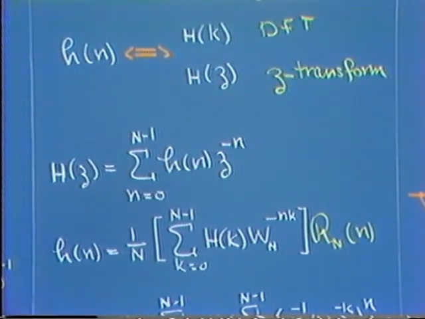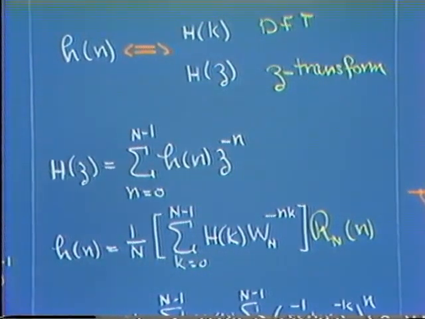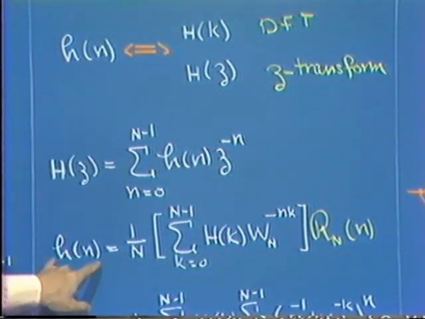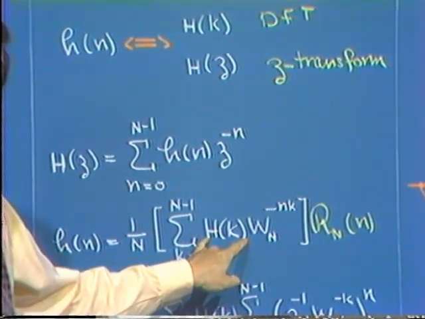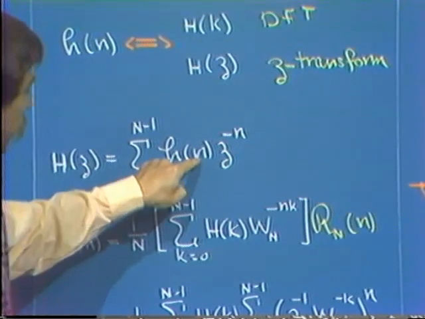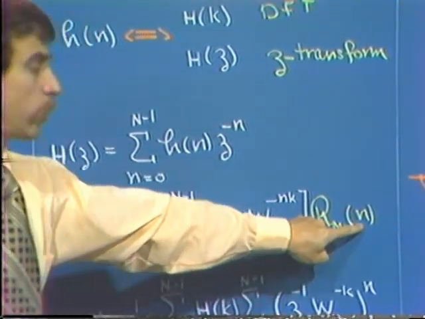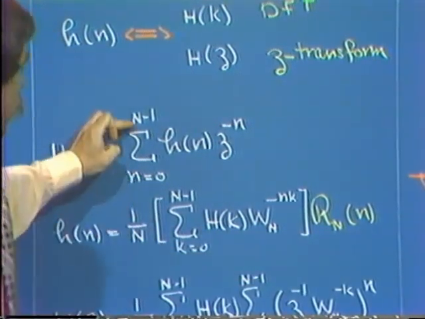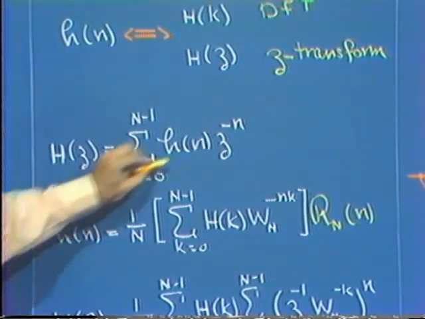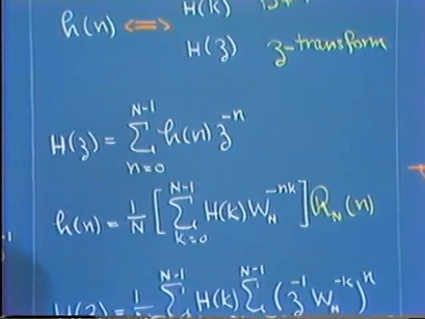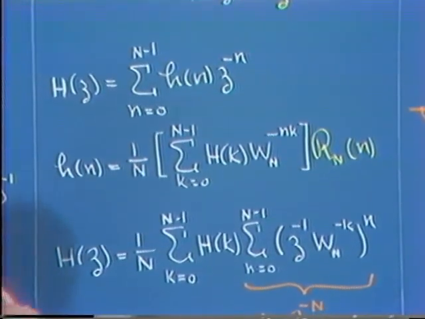That is, to extract one period from the periodic function that this sum generates. Now we can substitute h of n expressed in terms of its discrete Fourier transform into this expression. The r sub N of n will disappear because we're only summing from n equals 0 to capital N minus 1.